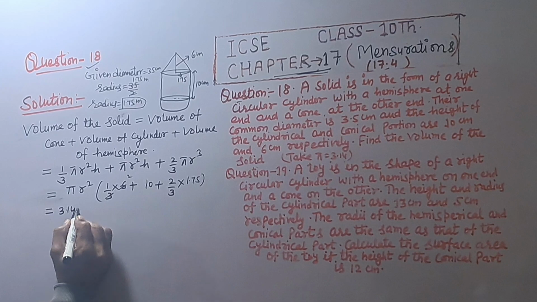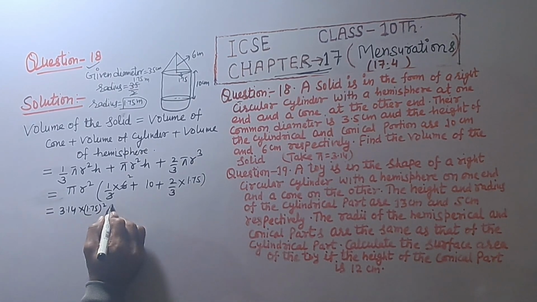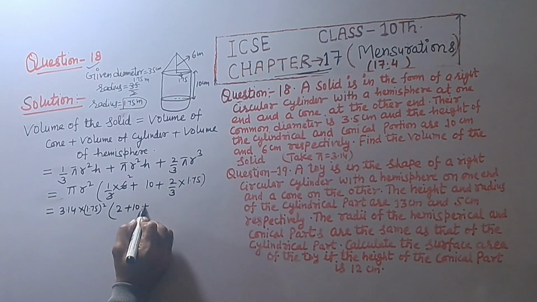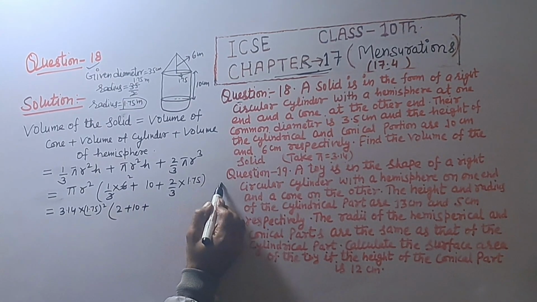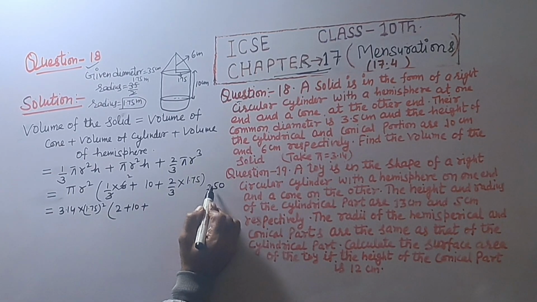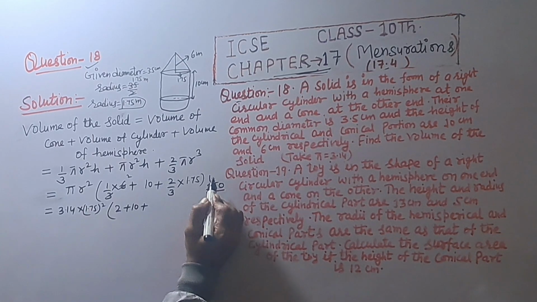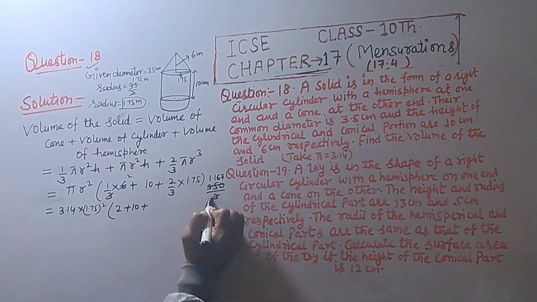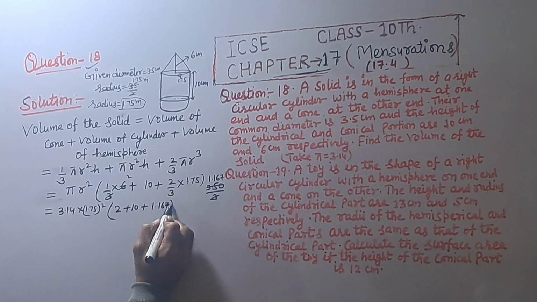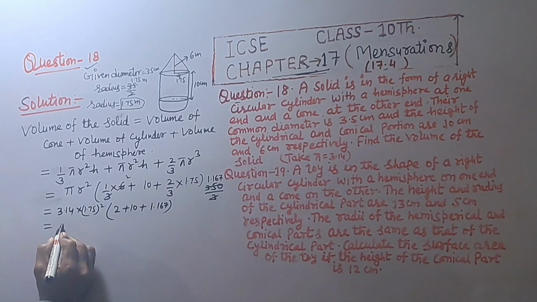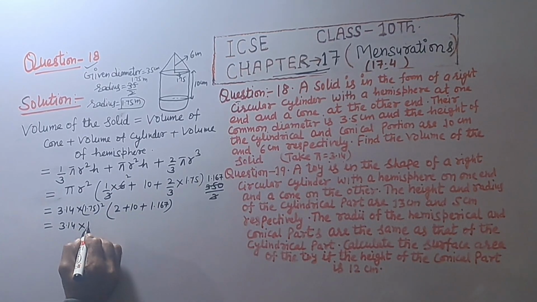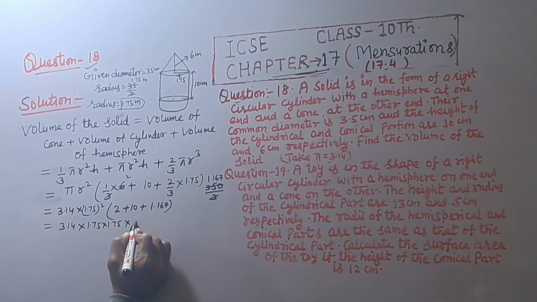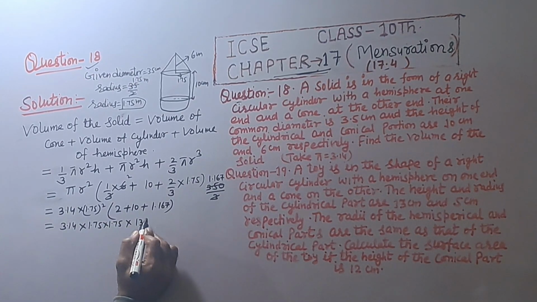That is equal to pi, 3.14, into 1.75 raised to power 2, into bracket 2 plus 10 plus 1.167. 10 plus 2 is 12, plus 1 is 13.167.